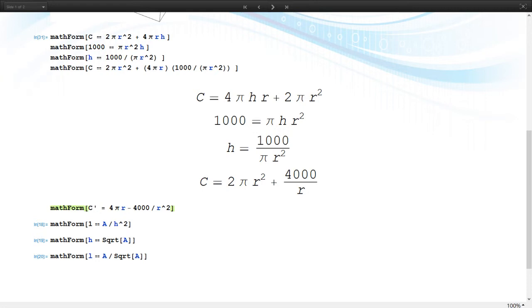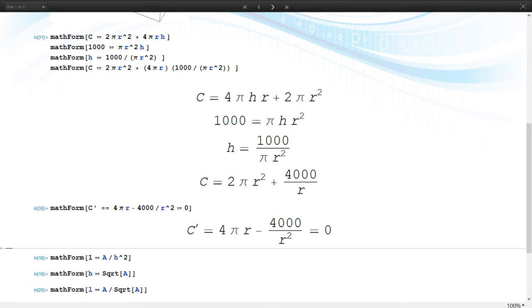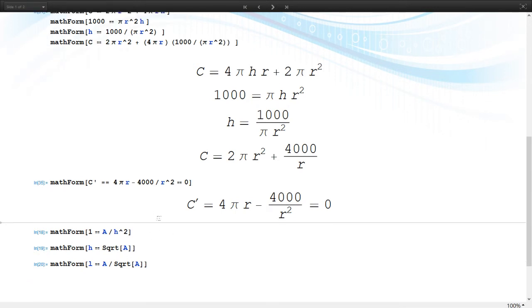And we want to set this equal to 0. So from here, we will solve for r. That means we will move this 4,000 over r squared to the other side, and we will multiply both sides by r squared to get rid of the denominator.